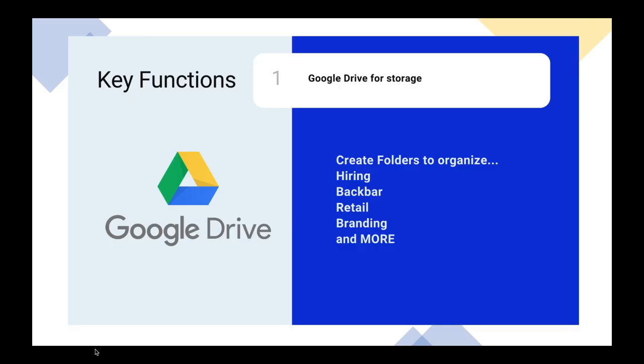A couple of these folders will include hiring, bag bar, retail, branding, marketing, pricing structure, product development, and the list goes on and on and on. So if you have different file folders in a file cabinet, you're going to create these folders on your Google Drive. So I want you to think of it in that manner.